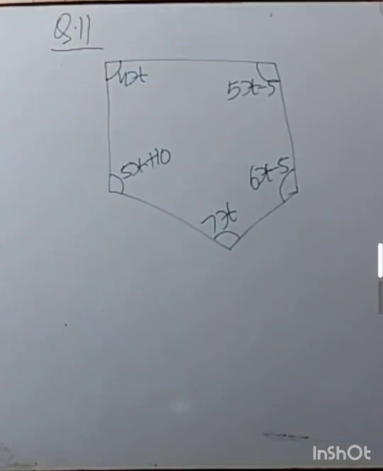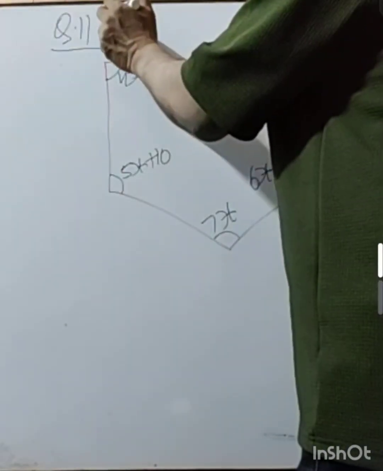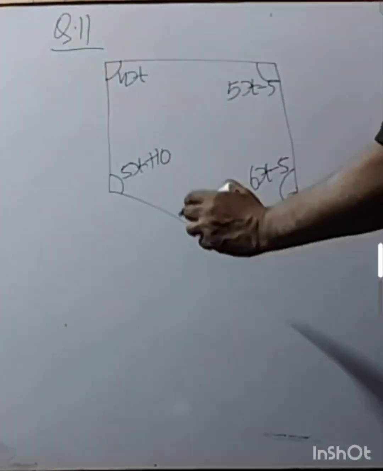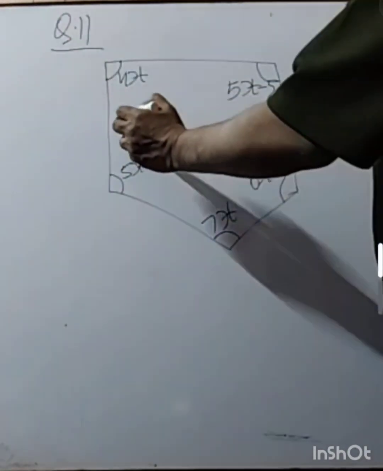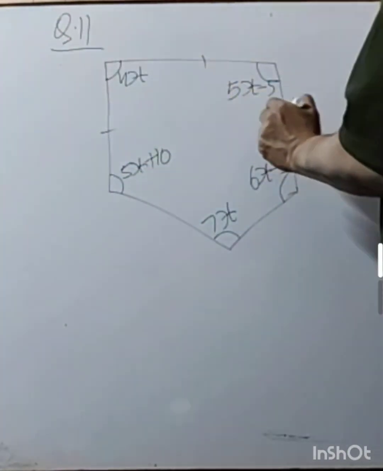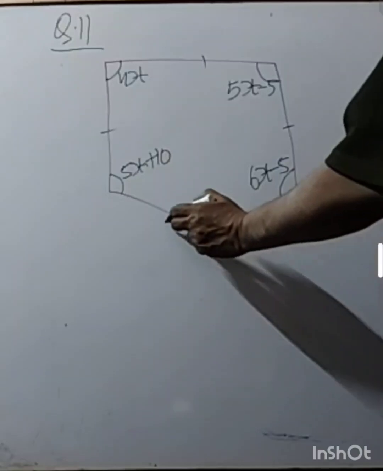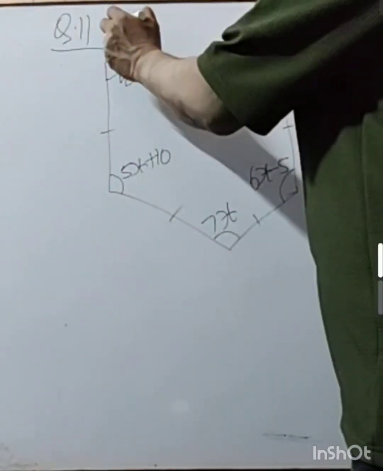So this polygon has how many sides? 1, 2, 3, 4, 5. N is equal to 5.